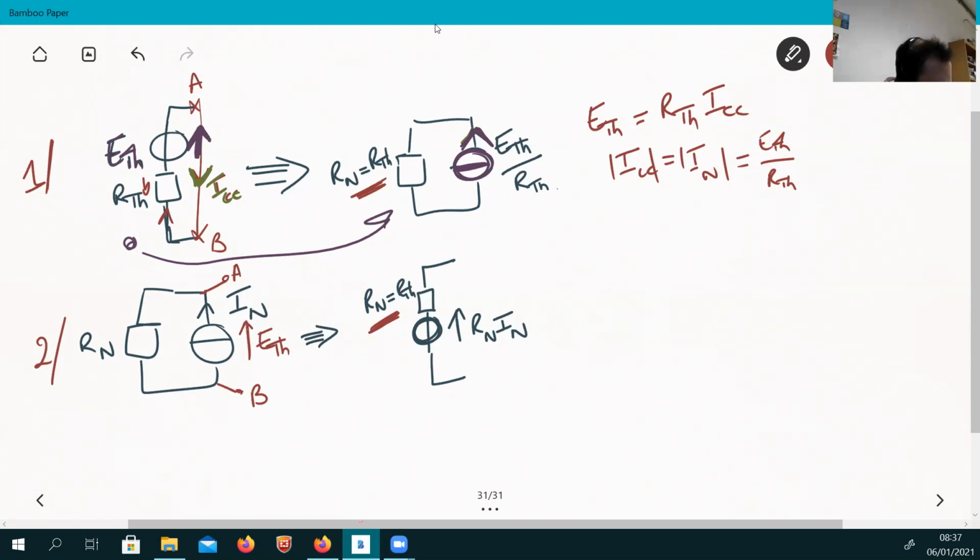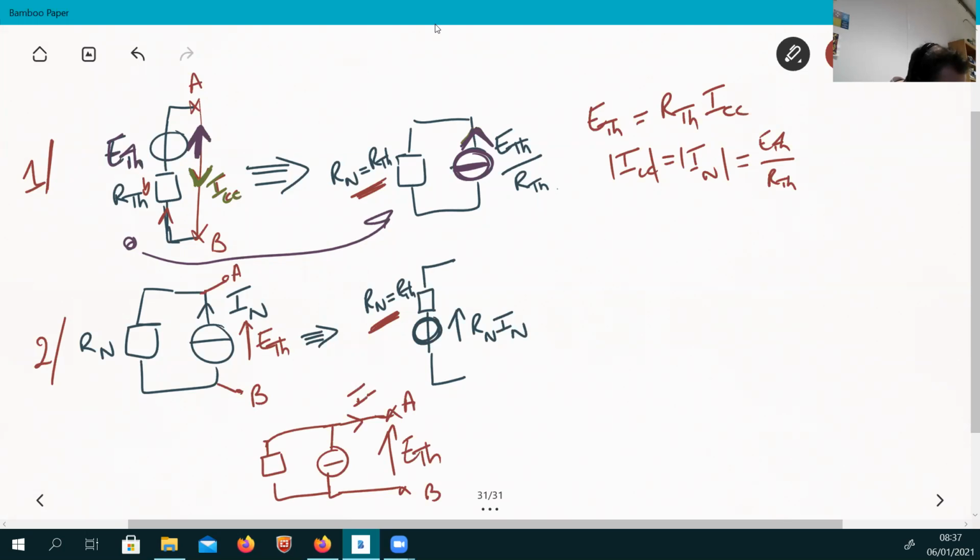Let me redraw this maybe more clearly here. You're looking for ETH here between A and B. And it's quite simple. As I said, between A and B there is no current flowing through it, which means that the current here equals 0. IN is flowing like this.